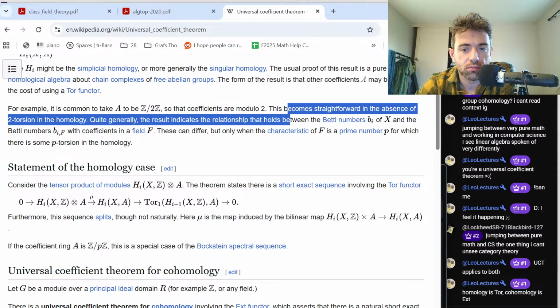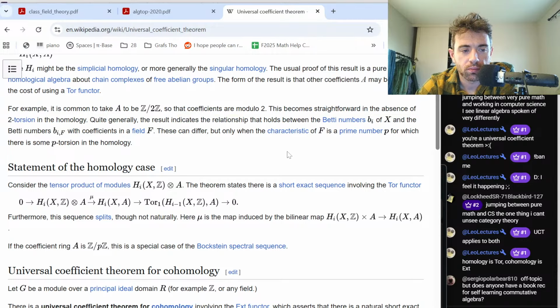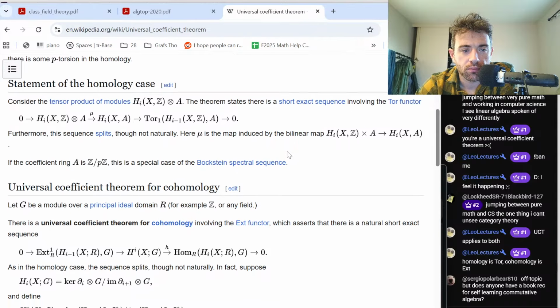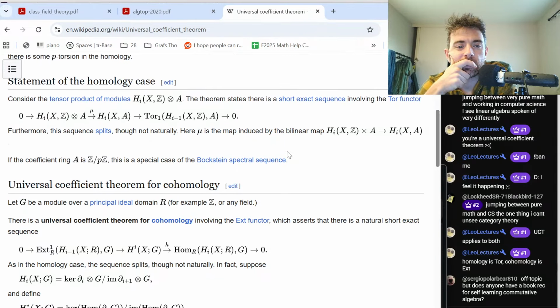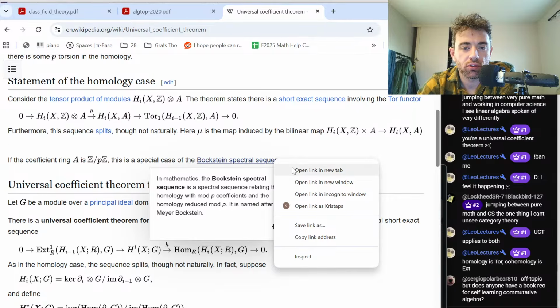Okay, so we're going to need to make some Tor computations here then. Oh, this is a special case of the Bockstein spectral sequence.